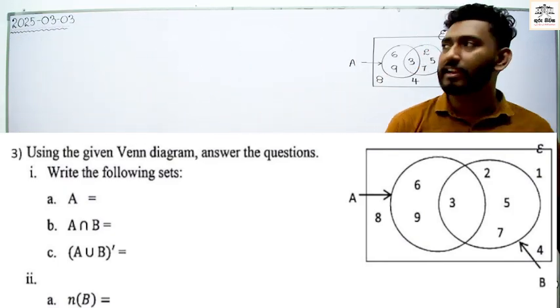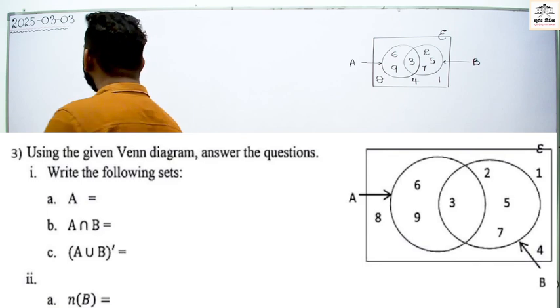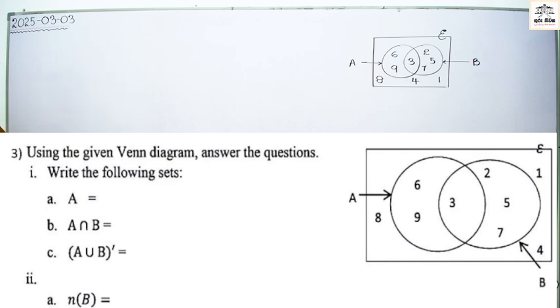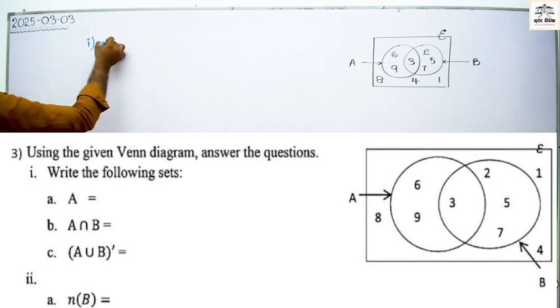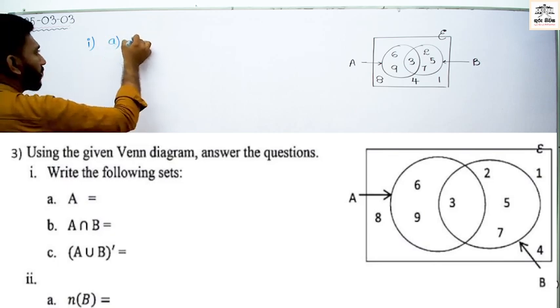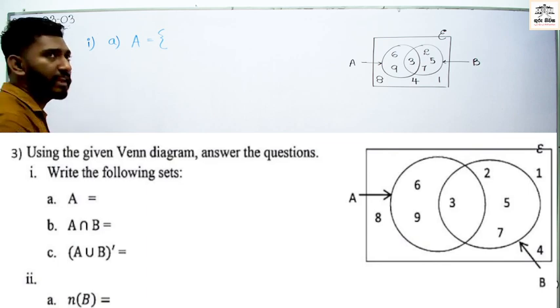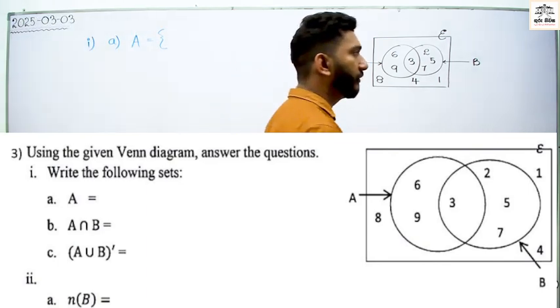Write the following sets. You need to write the elements of the sets inside the curly brackets, with commas.